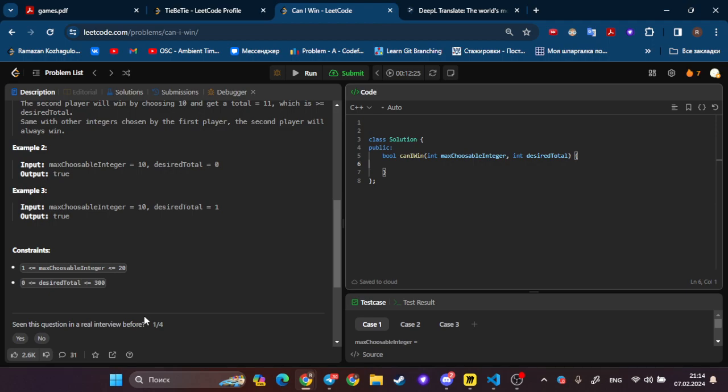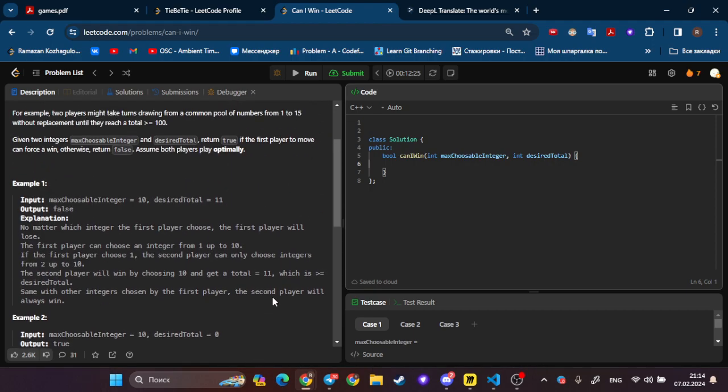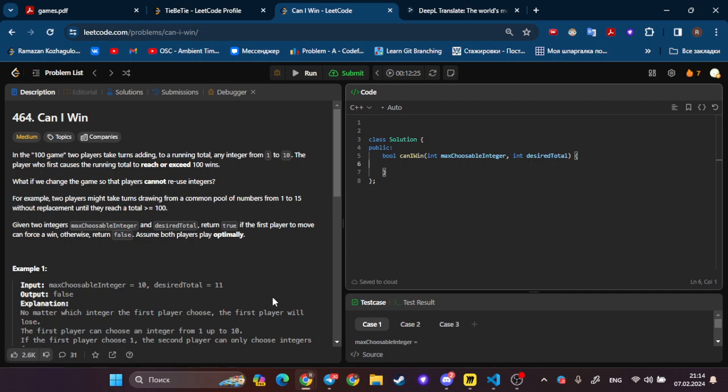That's 2 to the power of 15. Is it nice? Yes, it's nice. And how can we improve it? Can we improve this complexity? But no, this is not necessarily 2 to the power of 15.